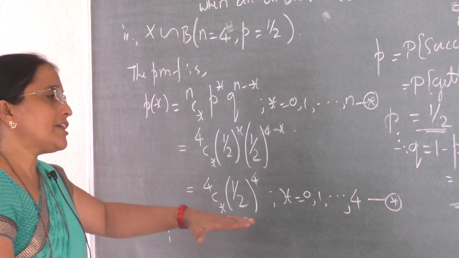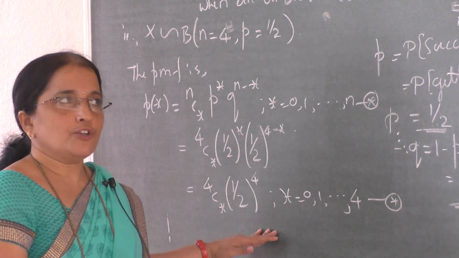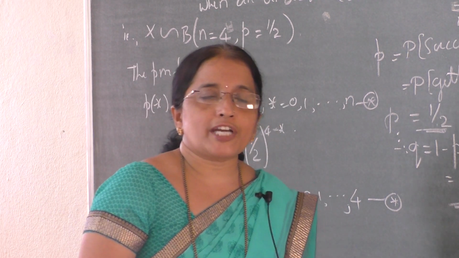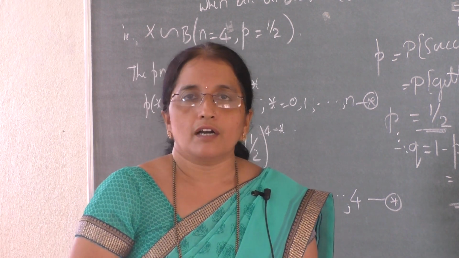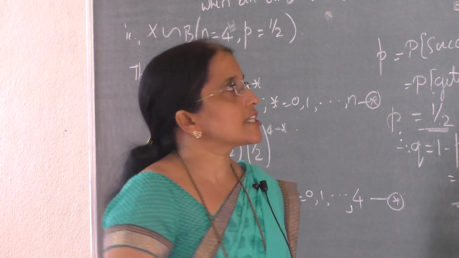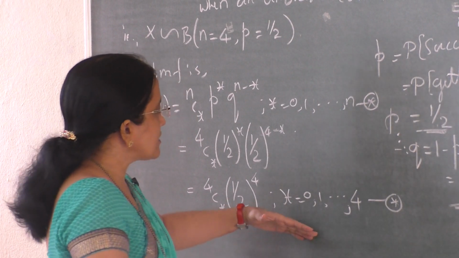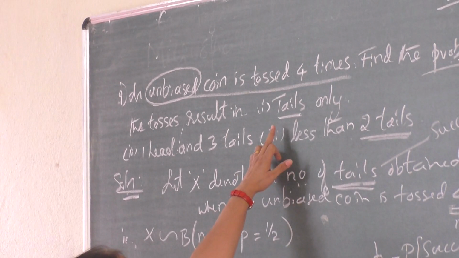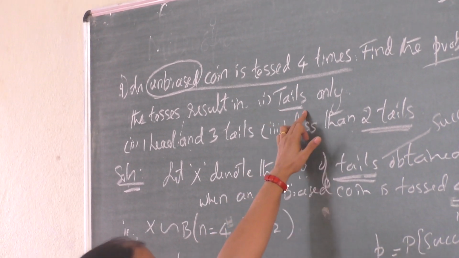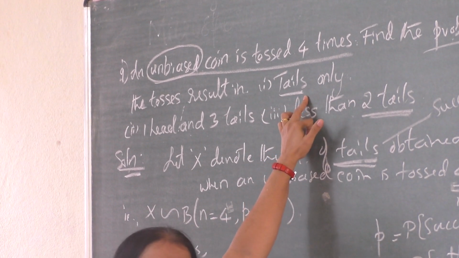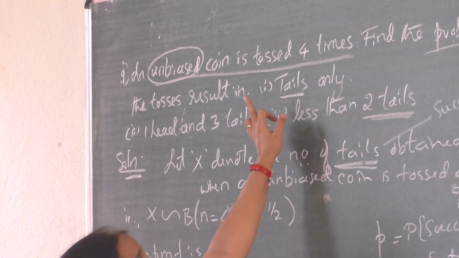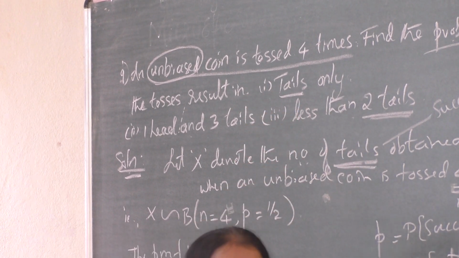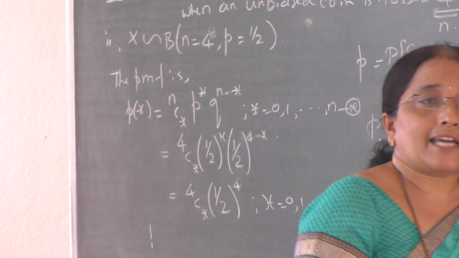After getting the probability mass function, by substituting the required values of x, we can find the required probabilities. So after this step, consider the questions one by one. First question: tails only. What do you mean by this, students? A coin is tossed 4 times. What is the probability of getting tails only?